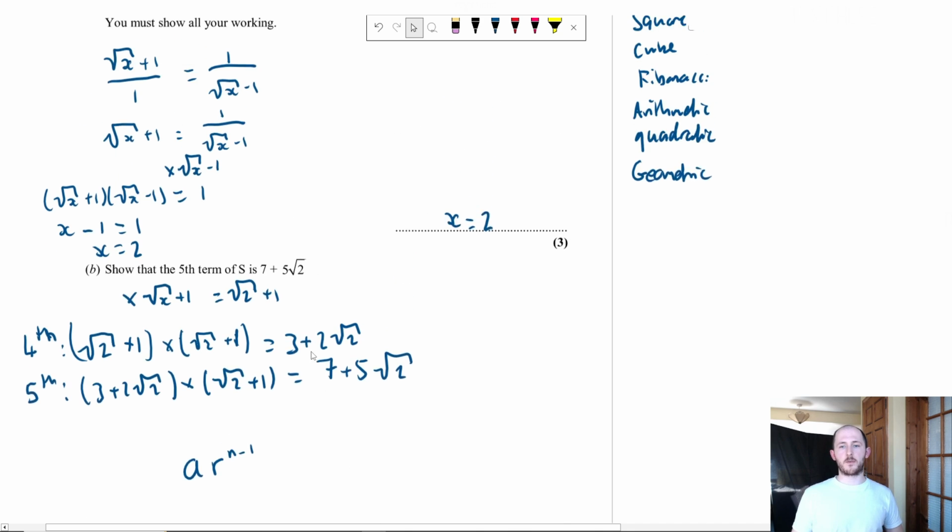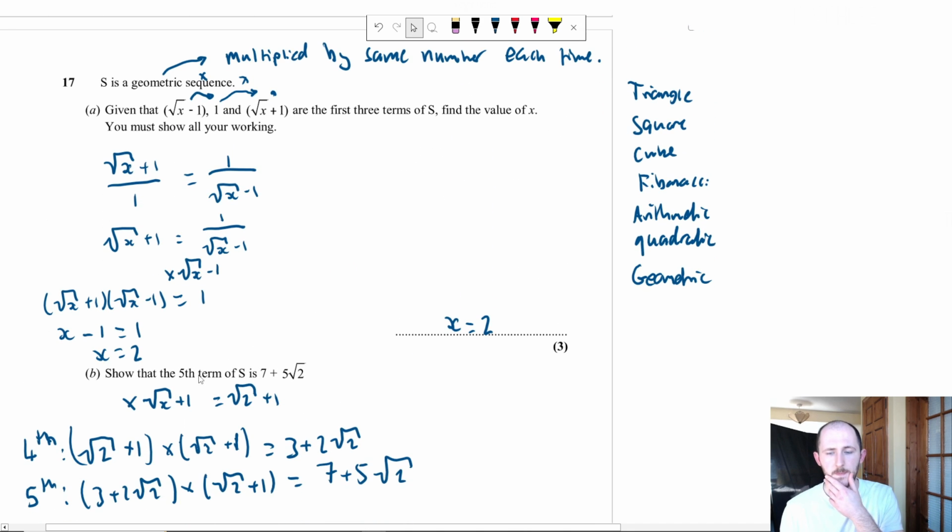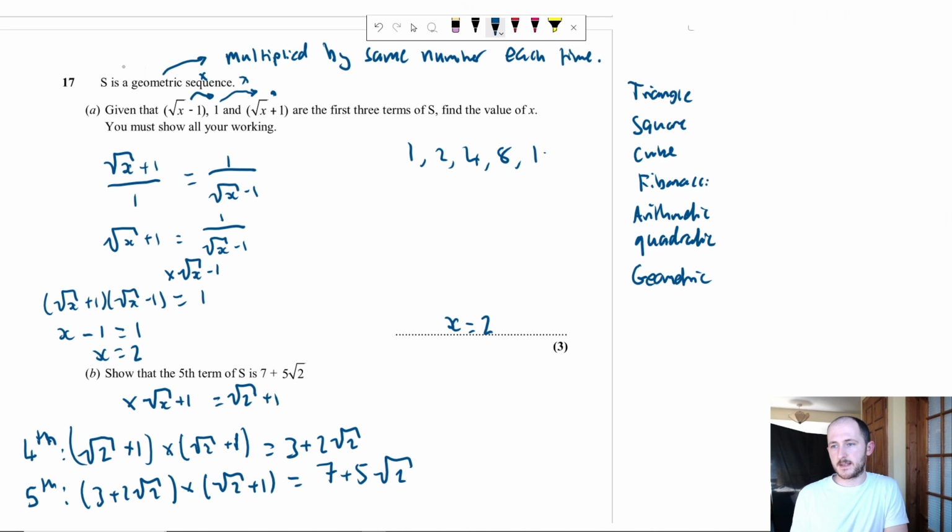Okay, so I'll go through the questions now. So, first things first. From the beginning, a geometric sequence is a sequence where you multiply the terms by the same number each time, right? So for example, this could be a geometric sequence, and then 16.